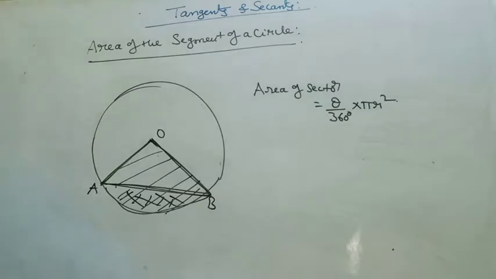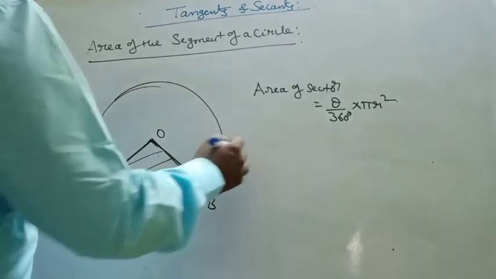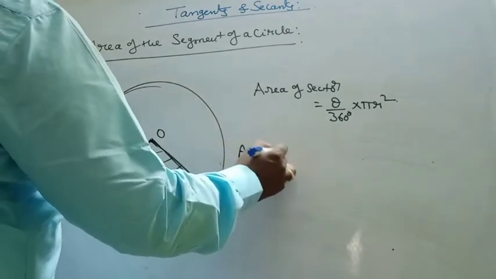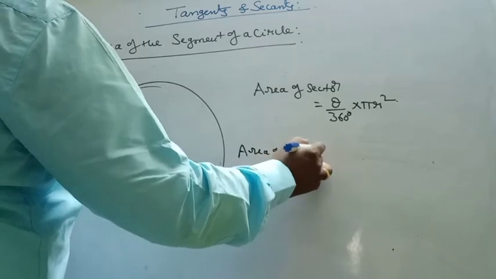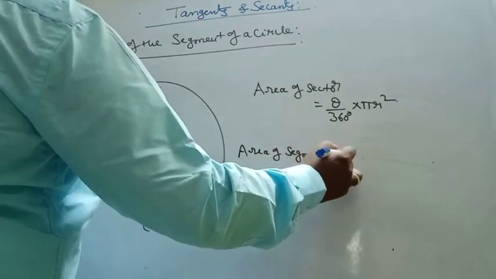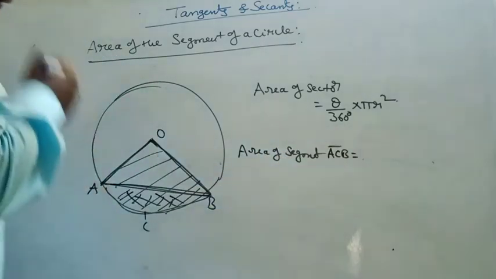How will we get the area of the segment ACB?